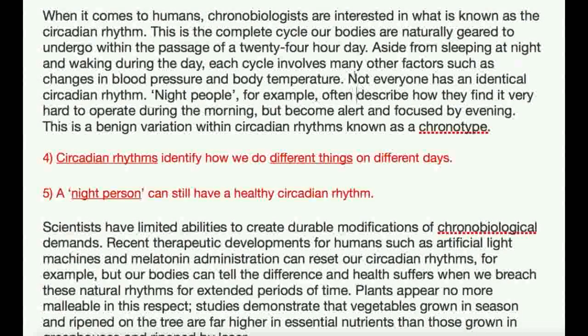It's what we do every day, or the cycle our bodies have within each 24-hour day, which will probably be repeated every day rather than actually being different. So in this case then, this one is false because it's not the same. In other words, the information contradicts what is said in the text.